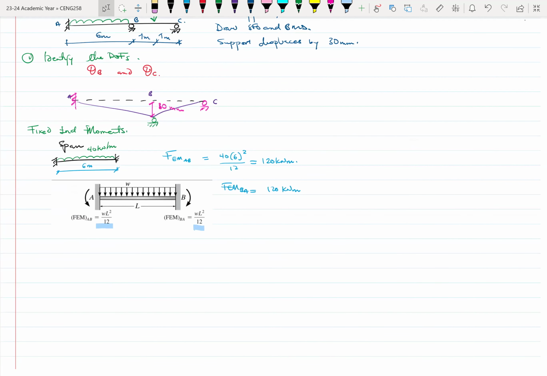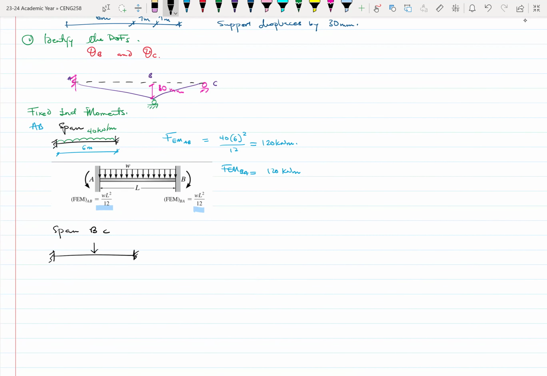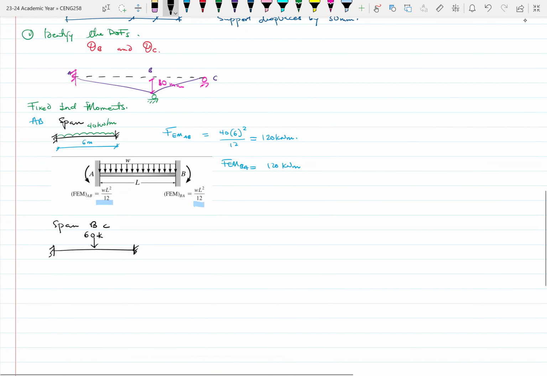Now let's look at span BC. With span BC, there's a load right at the center, which is 60 kilonewtons. We go to our fixed end moment table and see which one works for us.